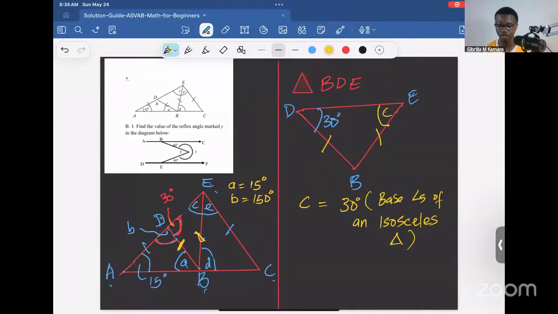So that is it for C. So we've gotten C. Let me put this answer here. Is 30 degrees. So we have A, B, C. We need to find E and F. That is the next thing. So let's see. Let's solve that.